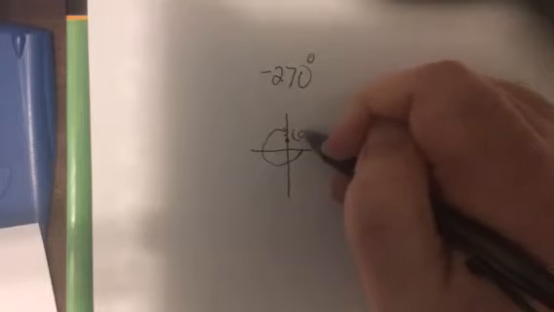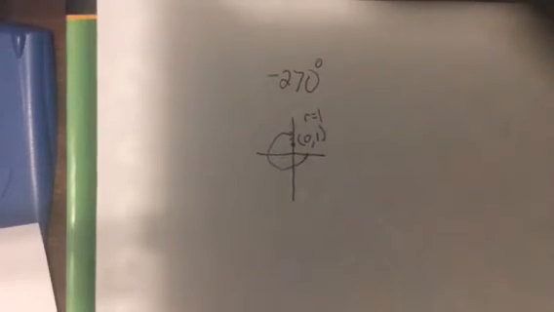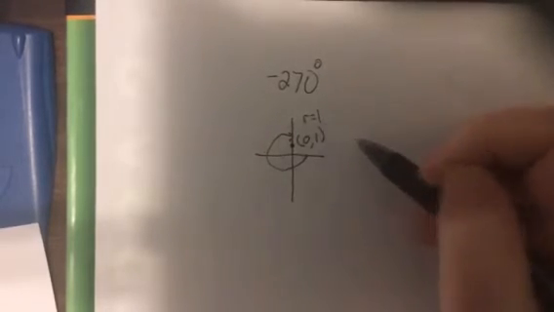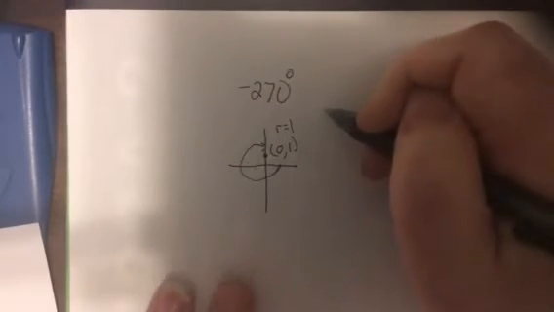So this would be 0, 1, and R is 1 because it's 1 unit up. Now remember, R can never, ever, ever be negative or 0. R is always positive. Now, it should be 1 for what we're doing.